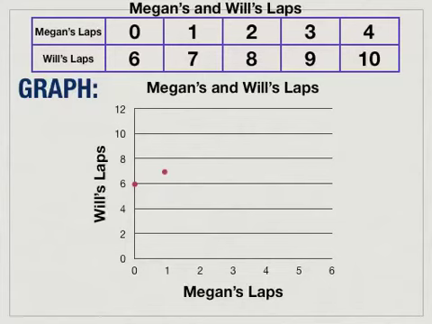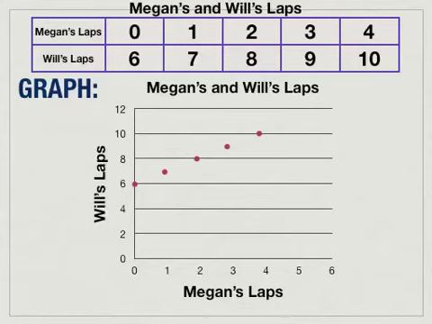Notice my numbers on Will's laps, the y-axis, are going up by 2. So I have 0, 2, 4, 6, 8. So 7 isn't actually on one of the lines. It's right in between 6 and 8. For Megan's laps being 2, Will's laps were 8. For Megan's laps 3, Will's laps were 9. And for 4 laps for Megan, Will's laps were 10.